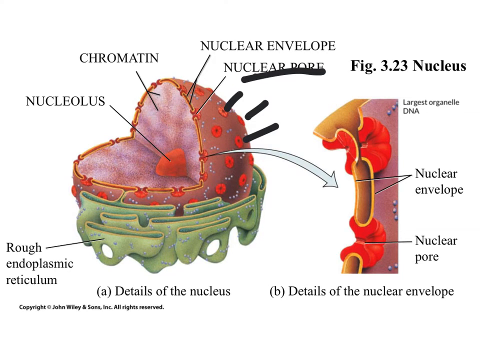Other things can also pass through into that area so that we can have gene expression. All right, so the nucleus itself is surrounded by a nuclear envelope protecting that DNA, so the DNA in our cells is not just floating around wherever it wants to, okay?